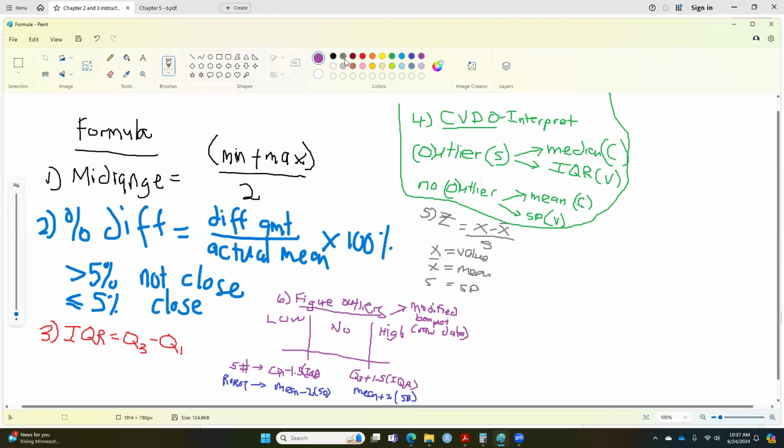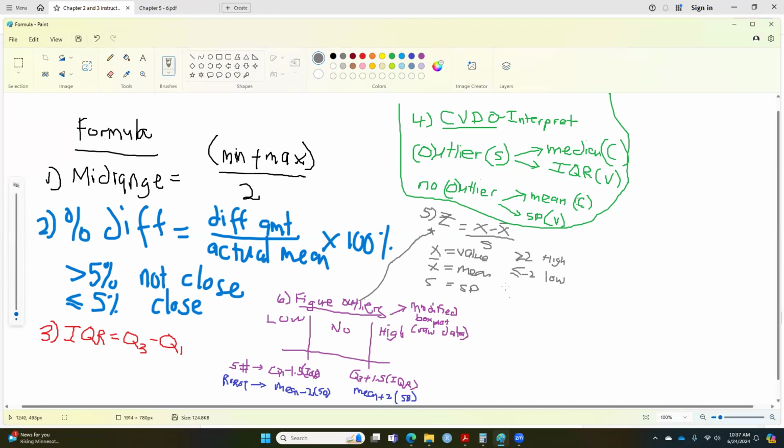The last way we can figure out outliers is using z-scores, which is the one we just mentioned in number 5. Make sure you know that if your z-score is above 2, then it's considered high. If your z-score is below -2, it's considered low.